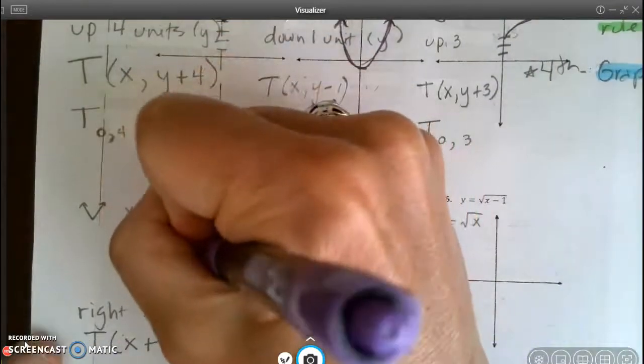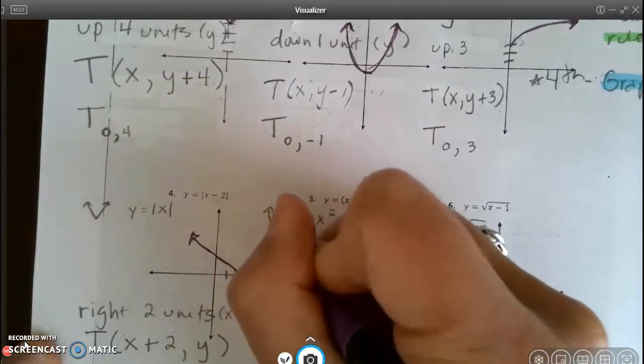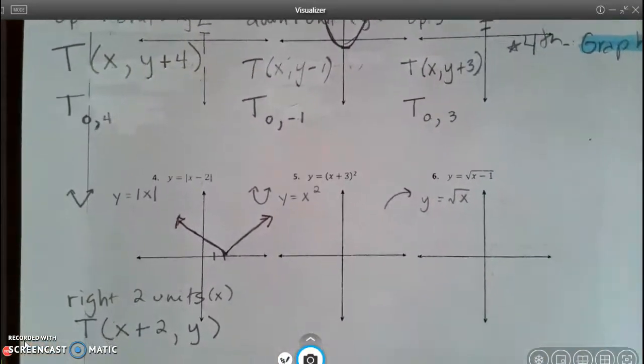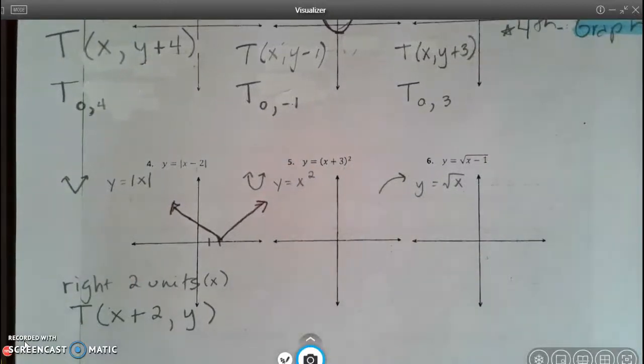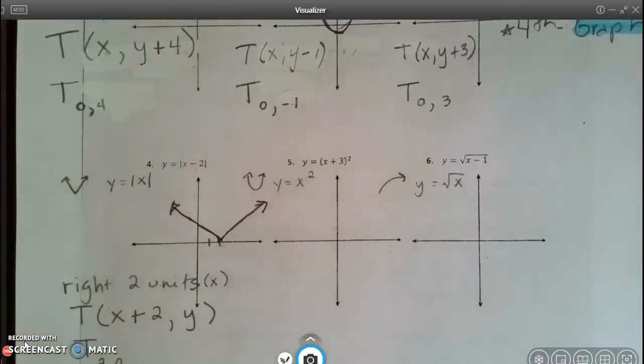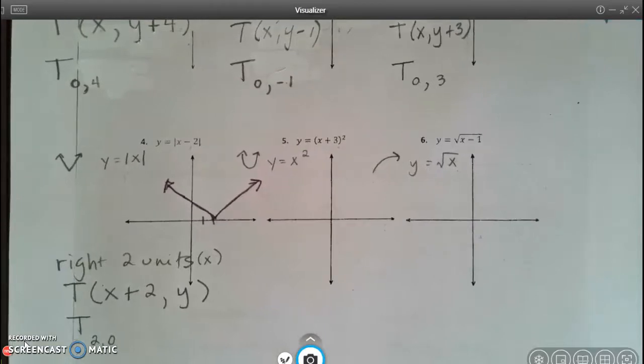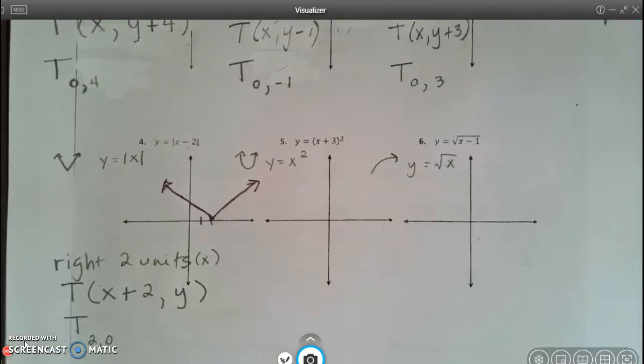Hit my camera there. All right. And then I want to write my translation rule using the subscript, 2 on the x and nothing on the y. Okay. All right, let's go to number 5 and see what happens here.